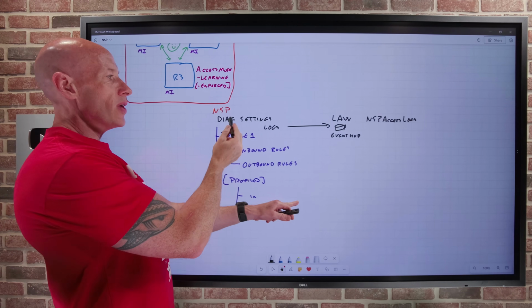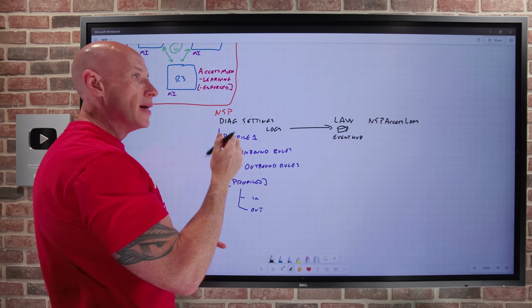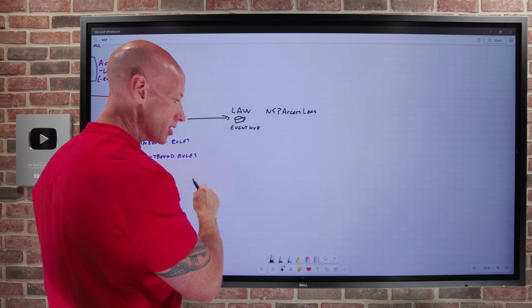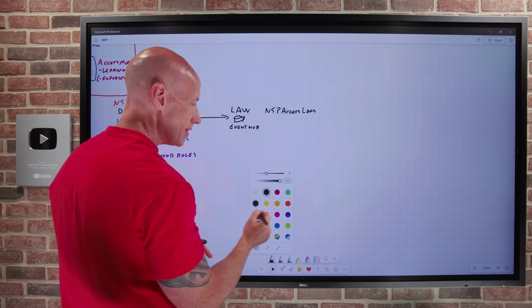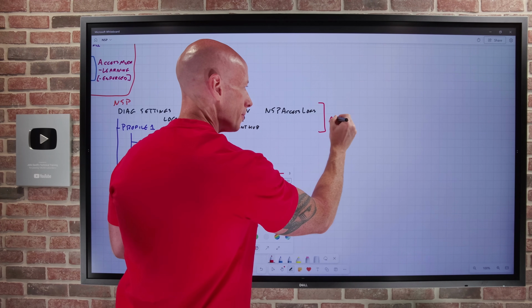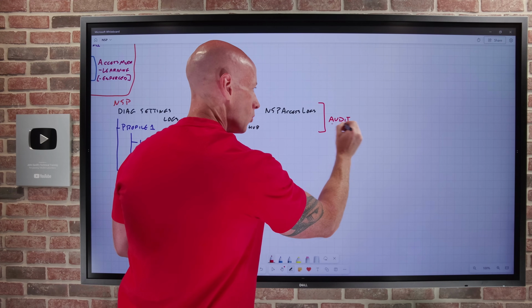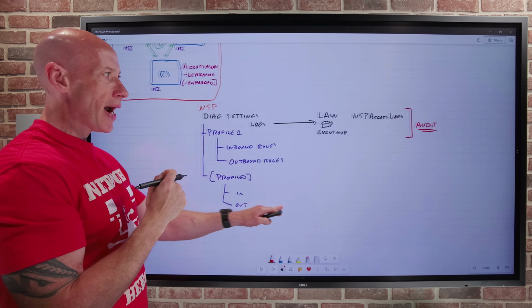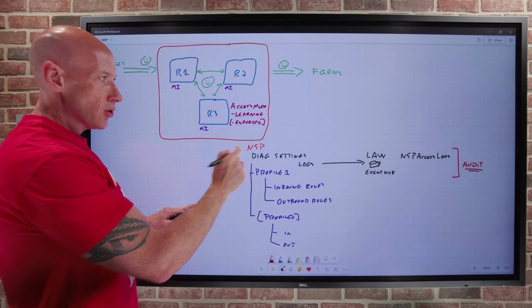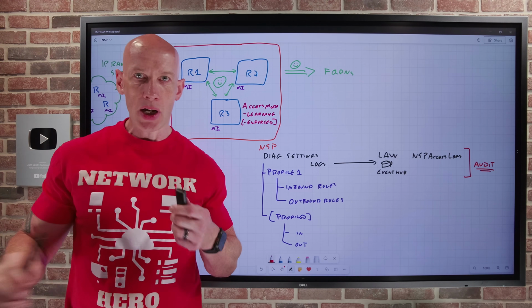And again, once I turn this on, it's not just in learning mode, enforced mode will show these as well. So that's how I get this idea of my audit. Whatever access I need to track using these diagnostic settings is how I can actually go and see that.